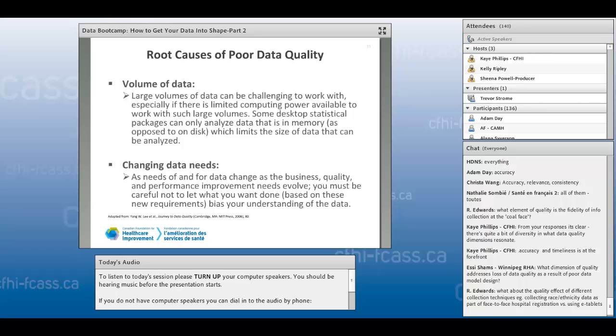So I think that's probably what you're going to go into next, some of the ways that we can resolve some of those issues, but at the same time still have data that is usable for our purposes.